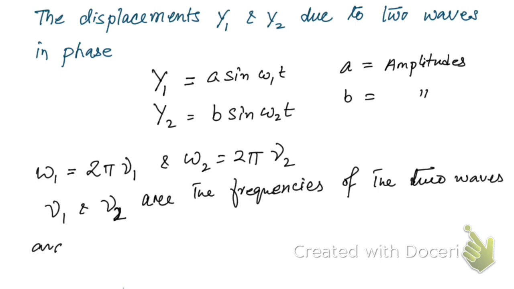We have considered that their frequencies are slightly different. Nu1 minus nu2 is, suppose, very small. Let me consider it that way.